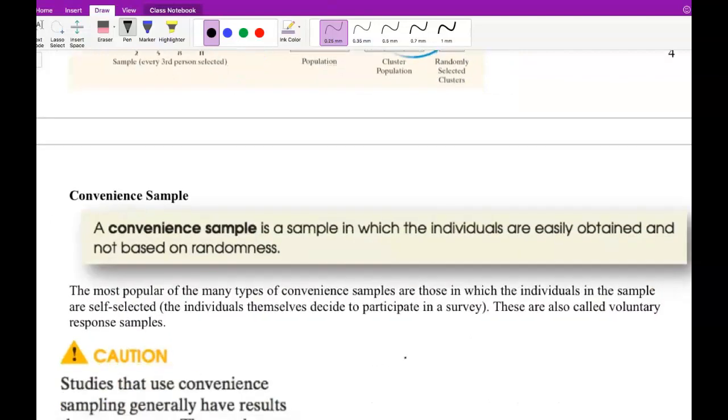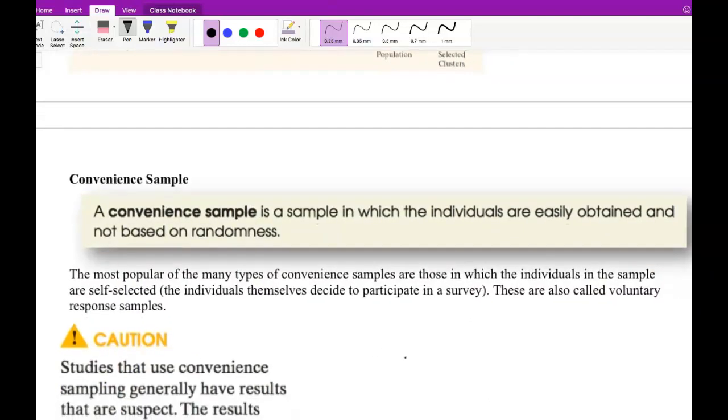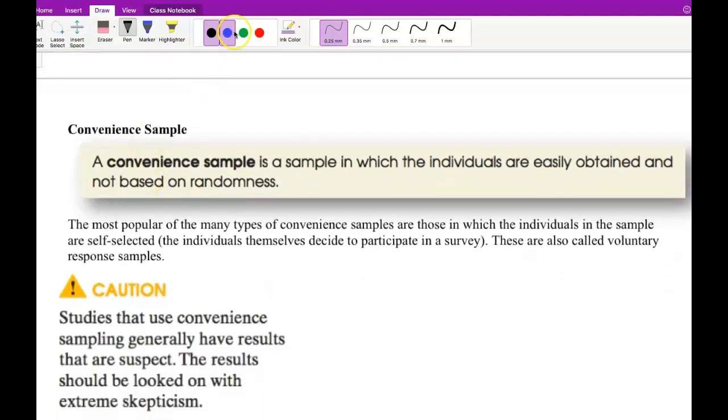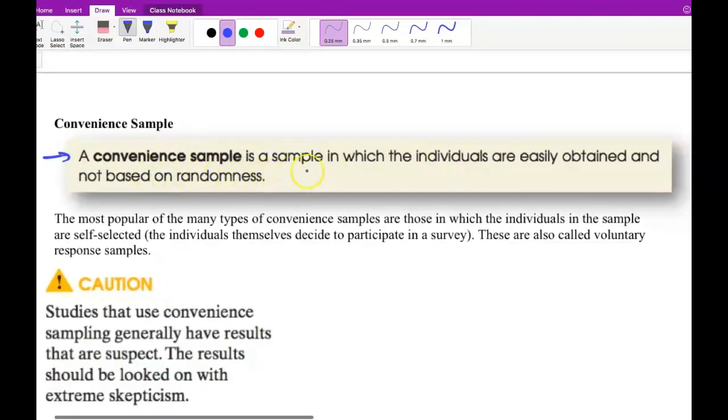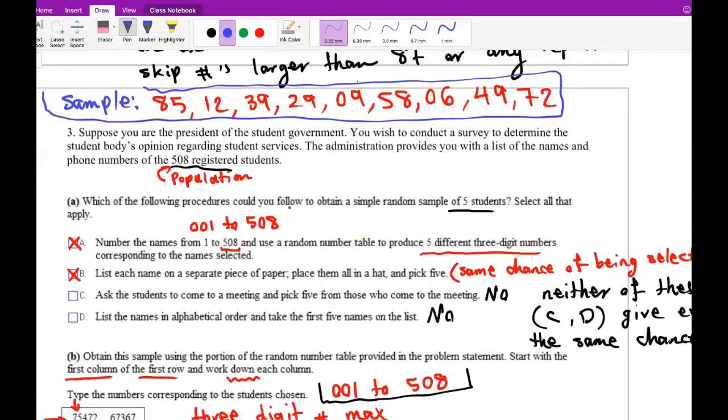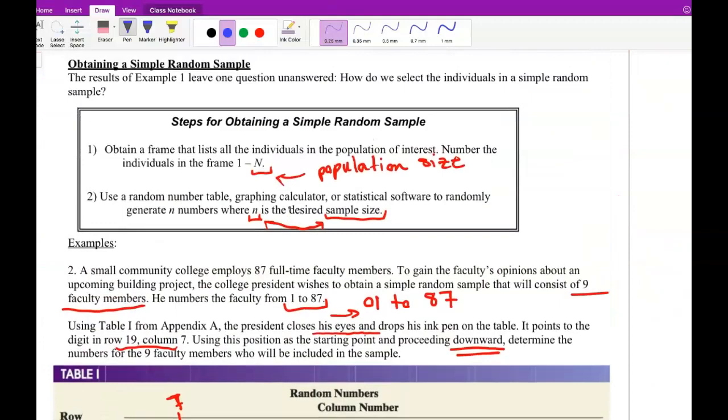The next one is convenience sample. Convenience sample is a sample in which the individuals are easily obtained and not based on randomness. I had this part on the first page, remember?